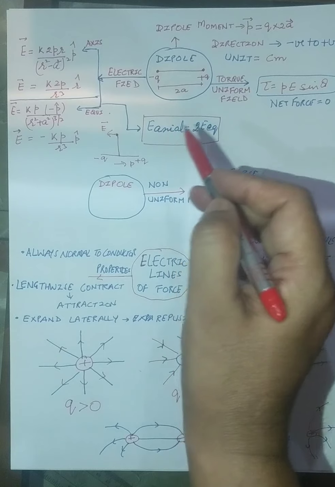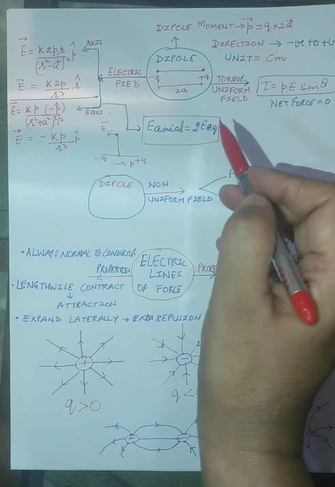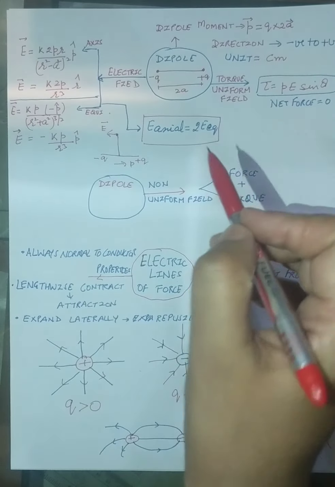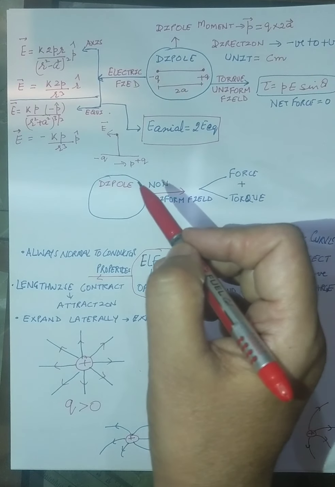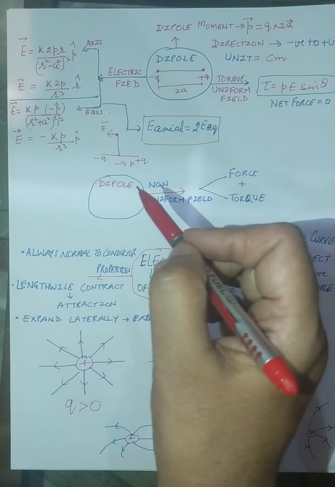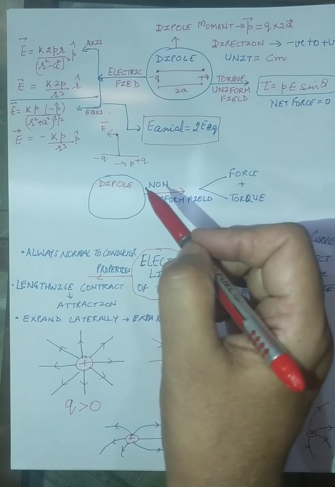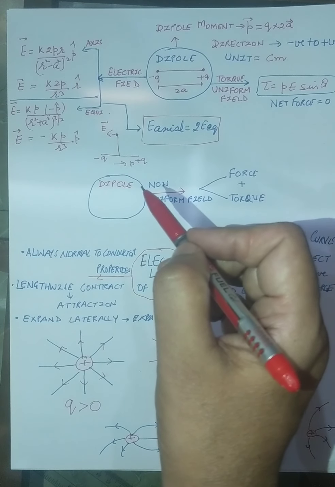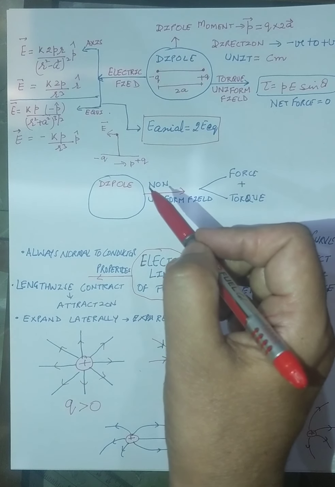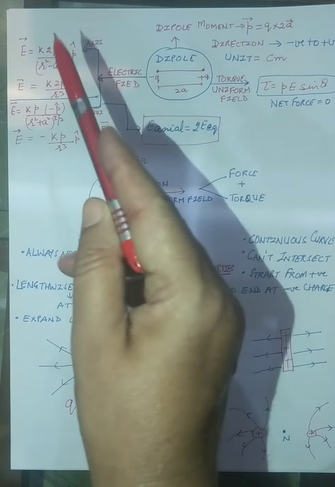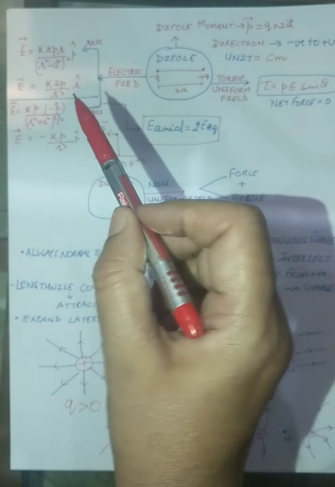So E axial is equal to twice E equatorial. Children, in this tutorial I'm taking only the mind map. Mind map means we have to brush up our concepts and keep the key points in mind, so that we can attempt the MCQs. So this is about the electric field due to the dipole.